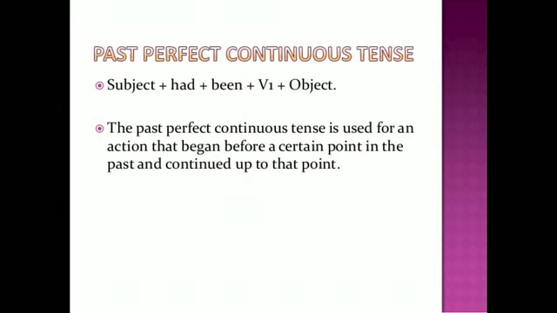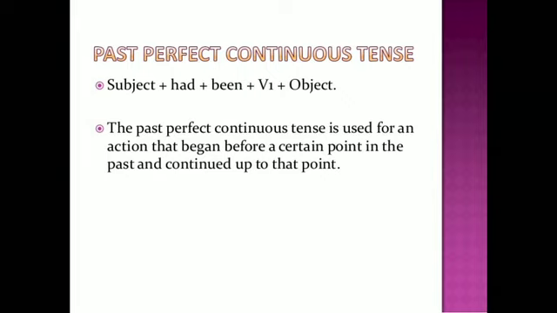Now we will discuss about past perfect continuous tense. So students, this tense shows that an action had continued for a certain time previous to the point of the past time. Likewise, he had been living in Delhi for 3 years before he vacated it, or I had been waiting for my friend for 2 hours before he came.